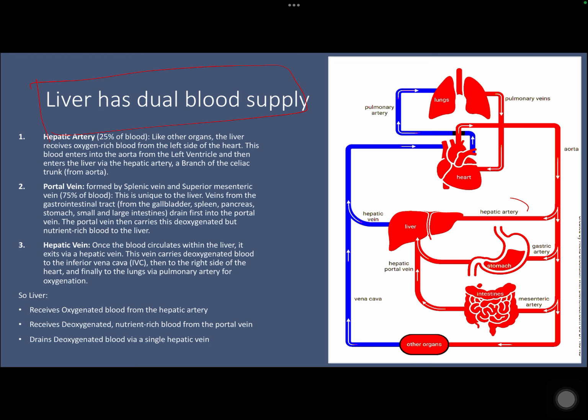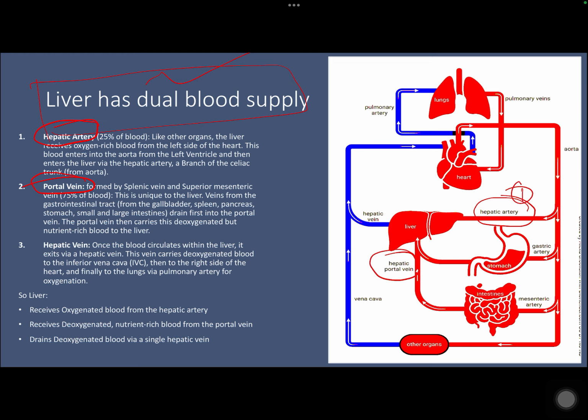Number one is the hepatic artery. It receives blood from the hepatic artery, and also from the portal vein. That is why we say the liver has a dual blood supply, because it receives blood from two blood vessels: number one, the hepatic artery, and number two, the portal vein.